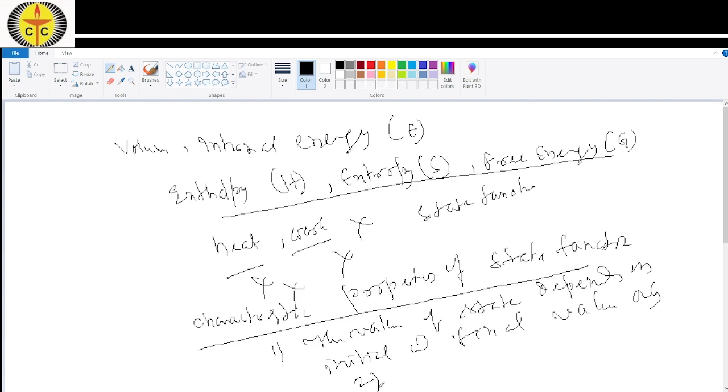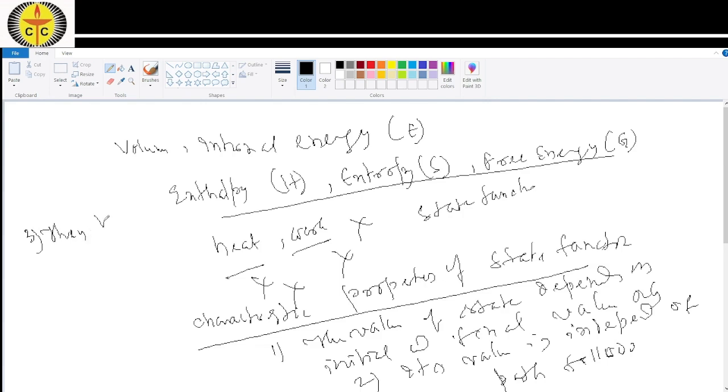Secondly, its value is independent of the path followed. Thirdly, they have exact differentials.